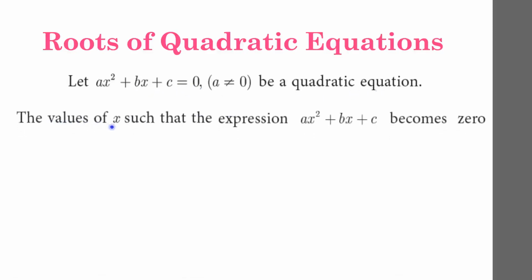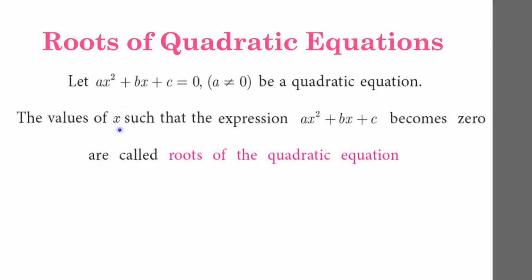The values of x such that the expression ax² + bx + c becomes 0. That is, in this expression you have to substitute the values of x. At that time, if that answer is 0, we can say that they are called roots of the quadratic equation.